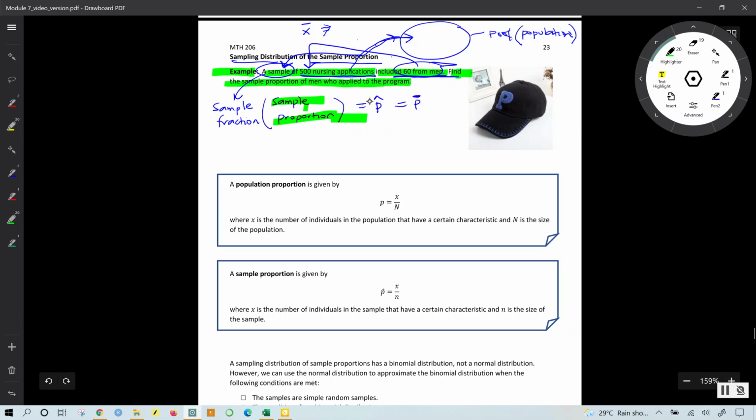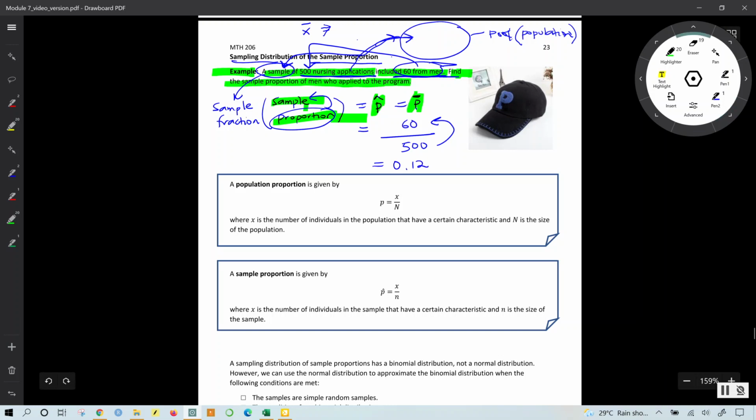So I can use either of these to represent the proportion in the sample that have a certain attribute of interest. The attribute of interest in this consideration is, out of 500 nursing applications, how many are from men? And there are 60, so that will give us 0.12.